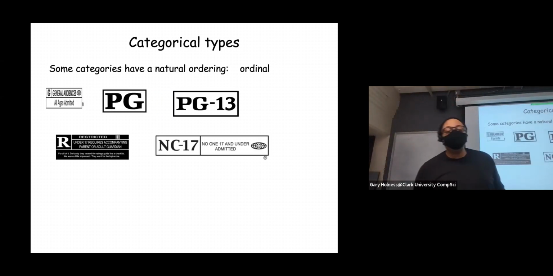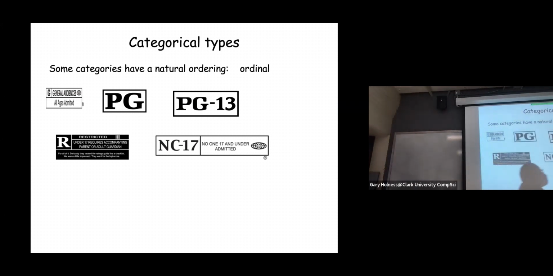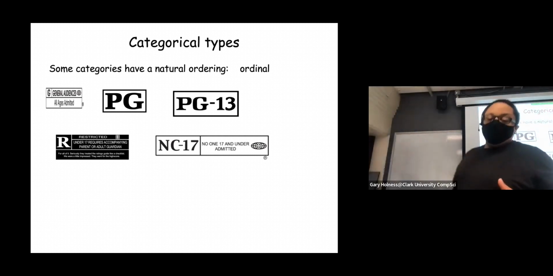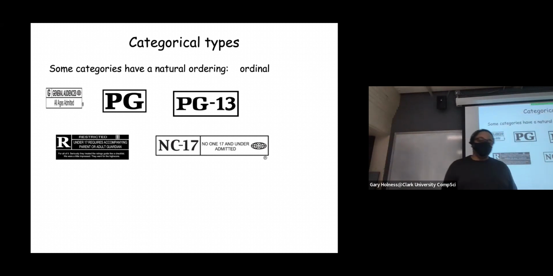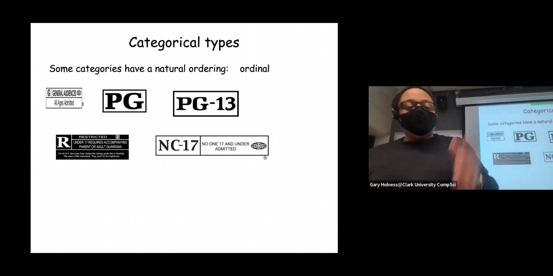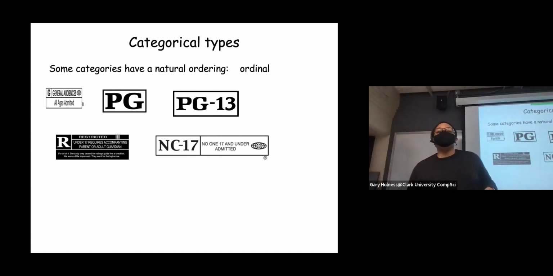And then some types of categorical variables are so-called ordinal. There is a natural ordering to them. And this is more often than not semantic. Take, for example, movie ratings. Movie ratings correspond to the suitability of the content of the movie for underage children, right? Or underage or minors. And so we have general, PG, PG-13, R, and NC-17.